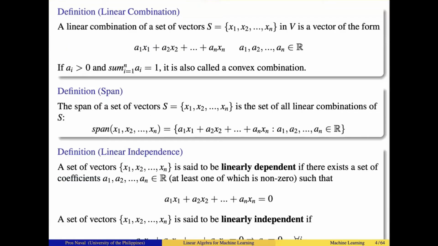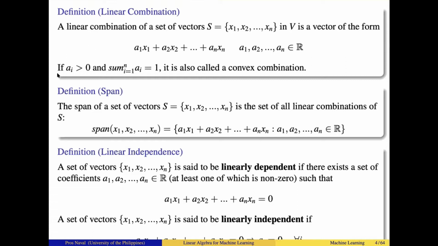Let's define some terms. Linear combination. A linear combination of a set of vectors S, whose elements are x1, x2 up to xn, in the vector space V is a vector of the form a1 x1 plus a2 x2 plus up to an xn, where a1, a2 up to an are real numbers.